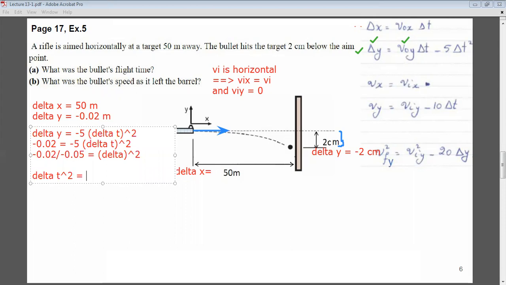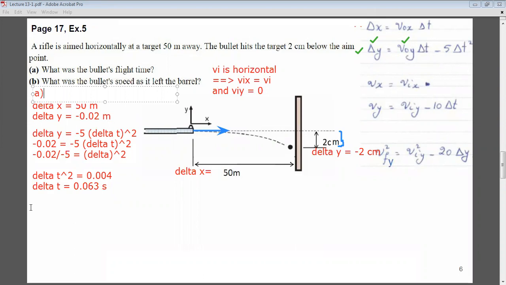Sorry, this is 5. So this is delta t square equal 0.004, and we get delta t equal 0.06. Okay, so this is part A.